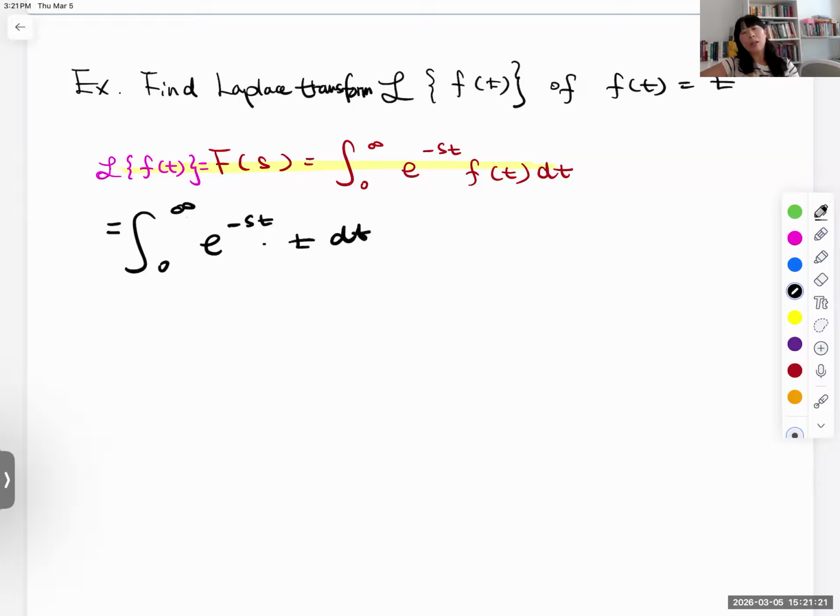Since we have a product, we cannot use basic integration or the chain rule, so we use integration by parts.